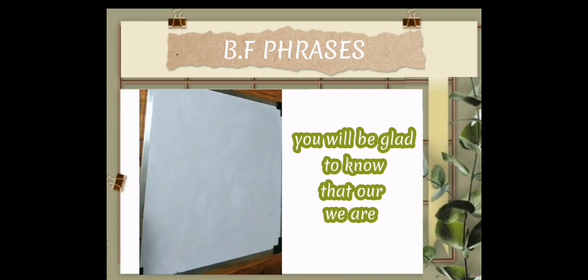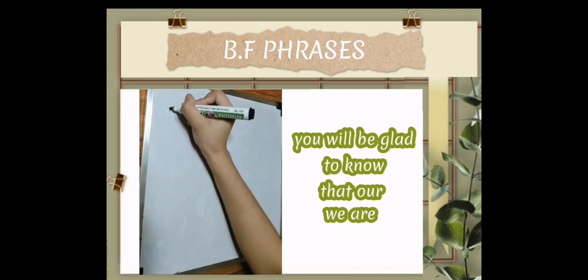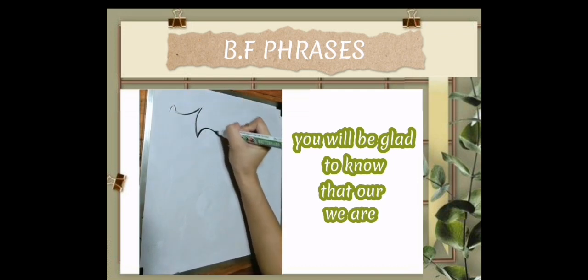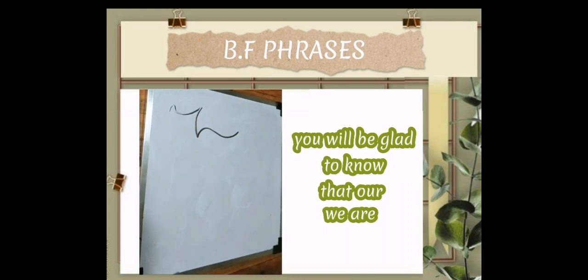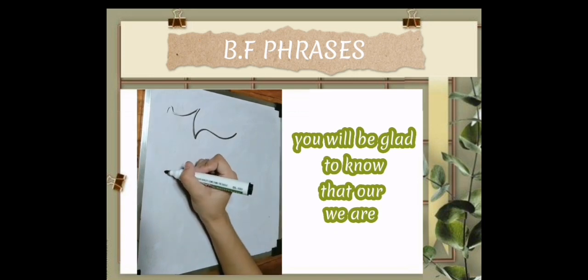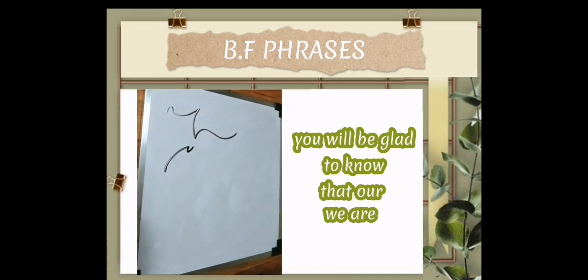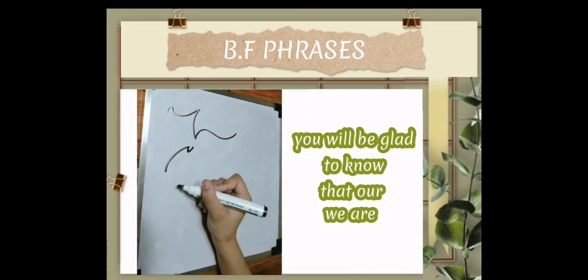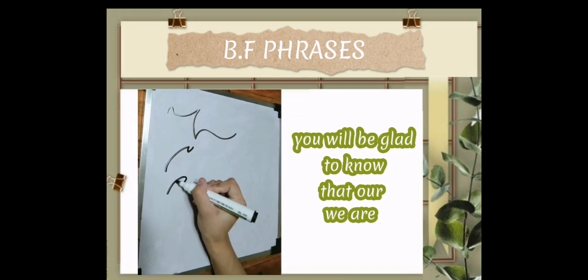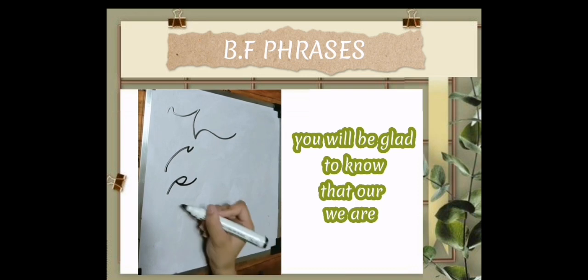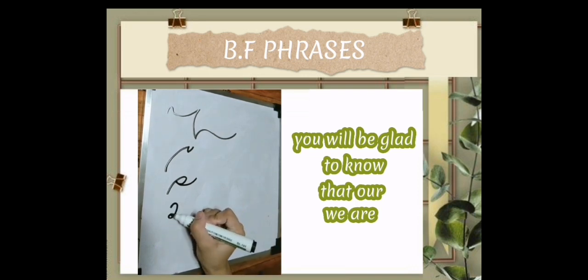Brief form phrases contain two or more brief forms together. So first we have here, you will be glad. Next, to know. Next is that hour. And lastly, we are.